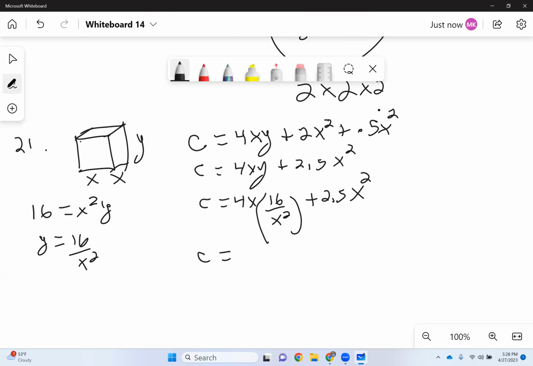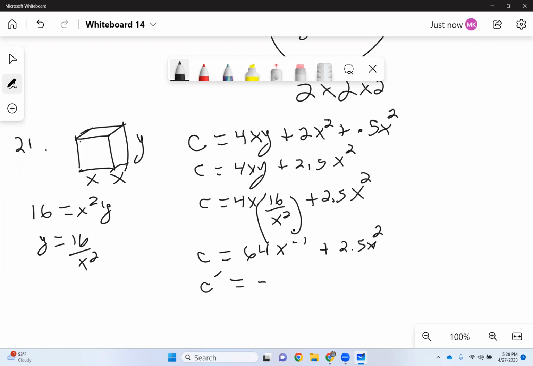Simplify. The x is going to cancel with one of those, and then we have 4 times 16. Well, 4 times 16 is 4 times 8 is 32, times 2 is 64. So it's 64x to the minus 1 plus 2.5x squared. Now we could take the derivative and set it equal to 0.